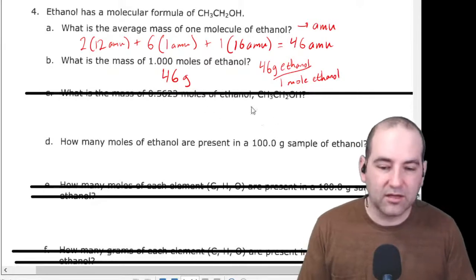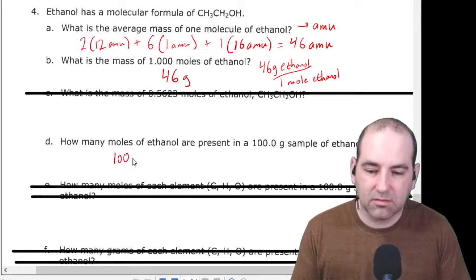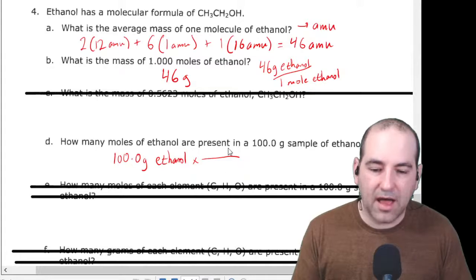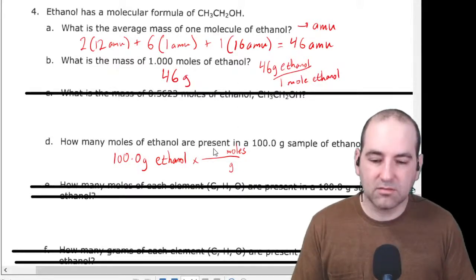To actually do that calculation, I'm just going to take that 100 grams and multiply it by a factor that converts moles and grams, which is basically the reciprocal of this fraction.